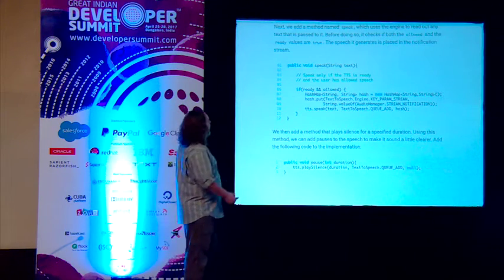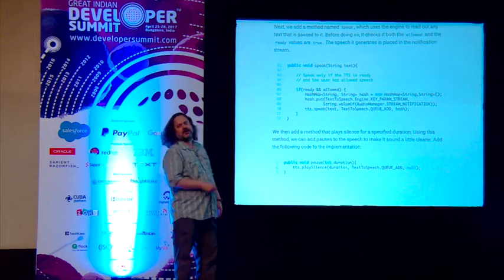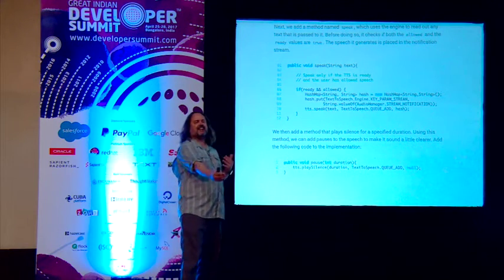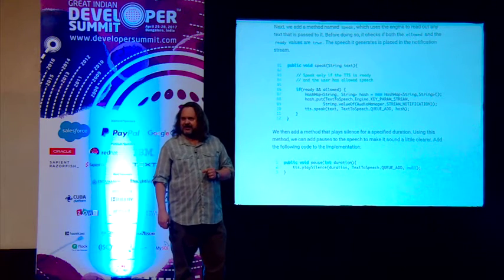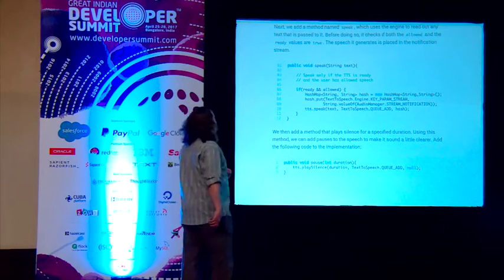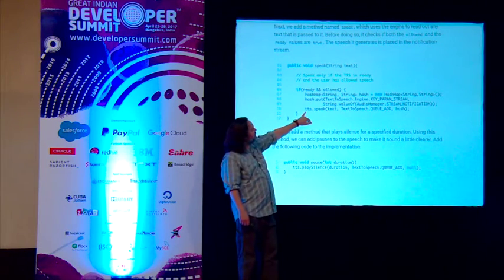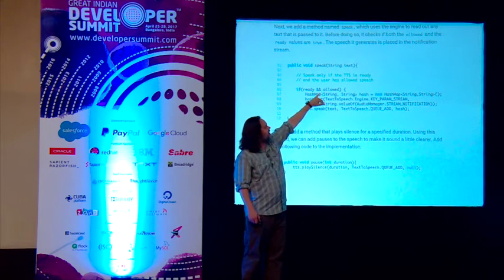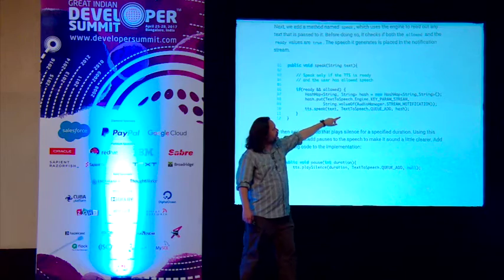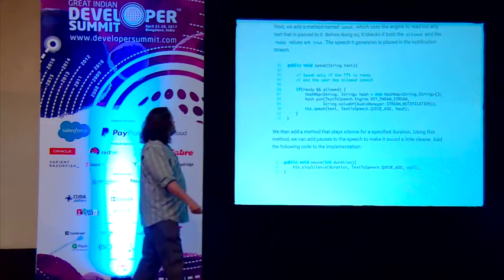But now, once we give an actual speak, and notice this is just taking plain text, you're probably not going to get SSML from your SMS provider, although that would be really cool, wouldn't it? But you're probably going to be dealing with plain text in here. So amidst all of that, you've got your TTS speak, passing in the message itself, the cue, and so on and so forth.